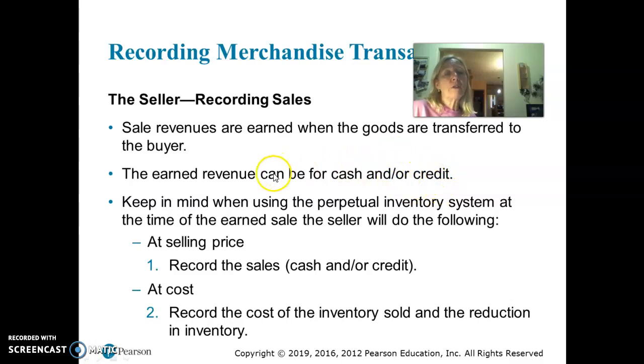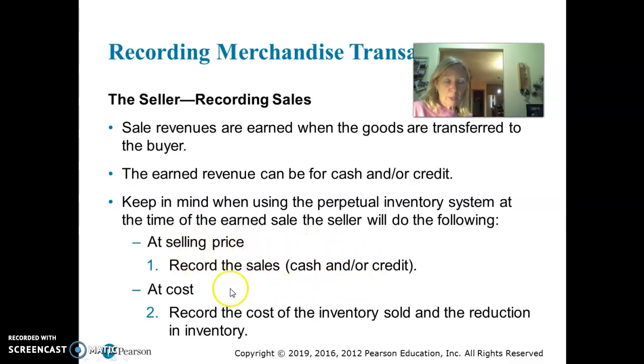As soon as you, the Walmart, start selling those televisions, consumers can buy them either for cash or on account. It says, keep in mind when using the perpetual inventory system, at the time of the earned sale, the seller has to do the following. The first thing you have to do is record the sales. So basically it's two transactions in the journal.